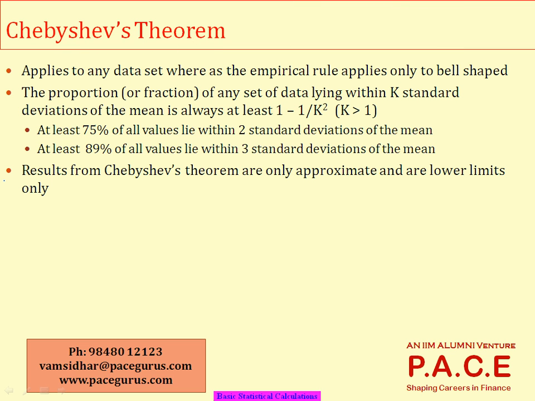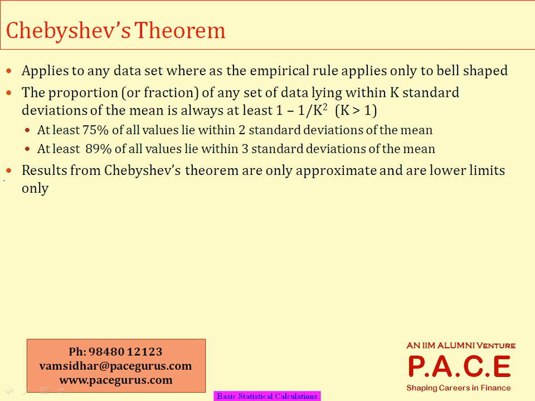But for any other distribution, some of the things that we have to keep in mind: this rule of 68, 95, 99.7 will be applicable only to bell-shaped data.